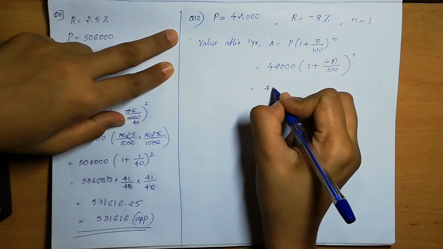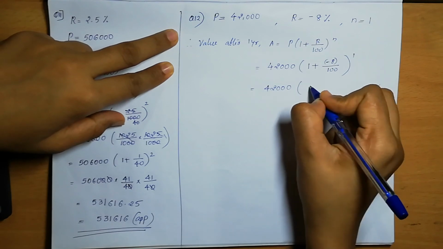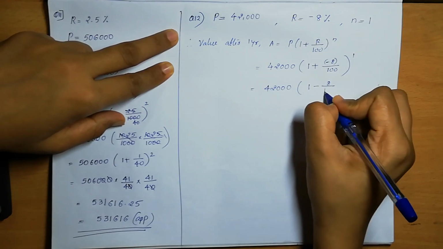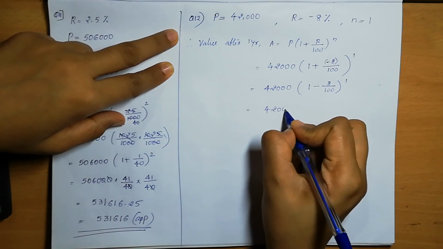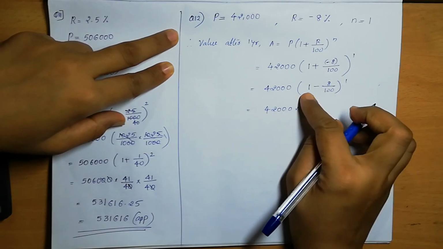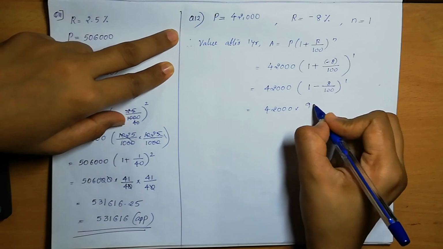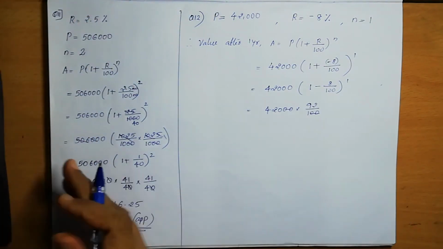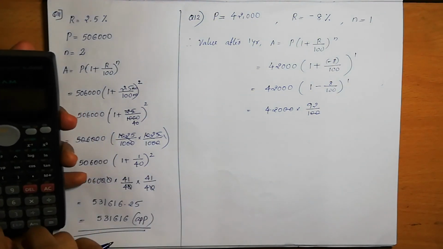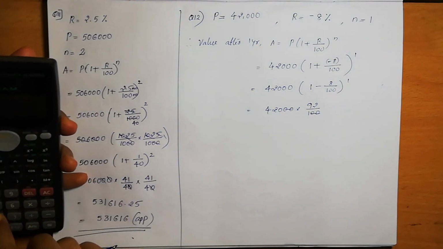That is equal to 42,000 into 1 minus 8 by 100 we can write. Correct. Power 1. That is equal to 42,000 into 100 minus 8 is how much? 92. 92 by 100. So this 0 cancels. 420 into 92.